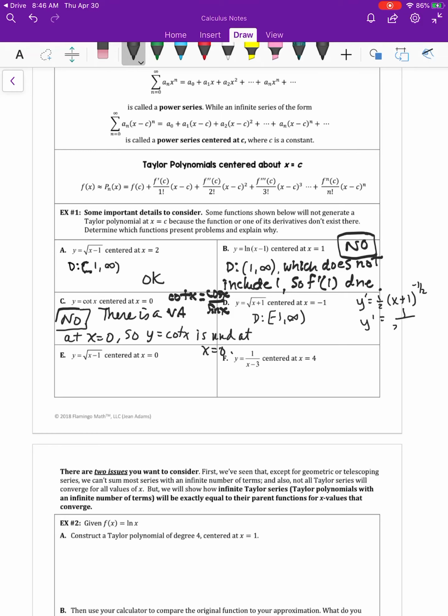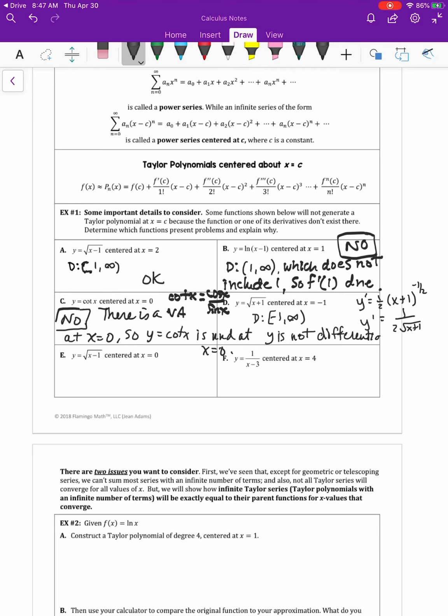If I took the derivative of that, it would be 1/2 times x plus 1 to the -1/2. So you can see that that derivative, 1 over 2 times the square root of x plus 1, is undefined at x equals -1. So even though -1 is a part of its domain, it is not differentiable there, which is another thing that you need to have to write a Taylor polynomial.